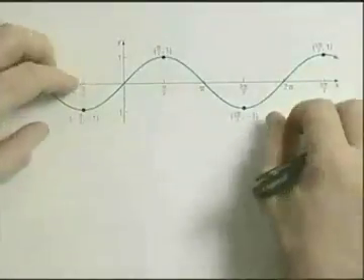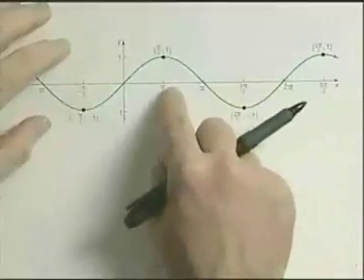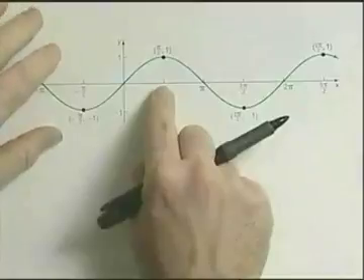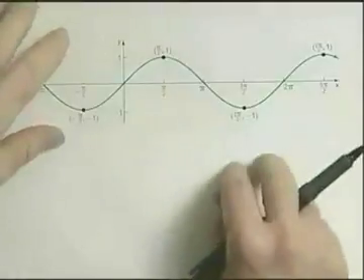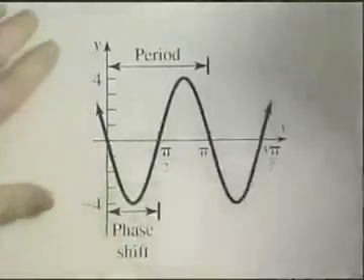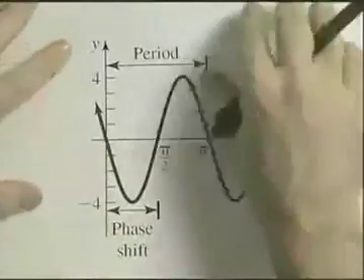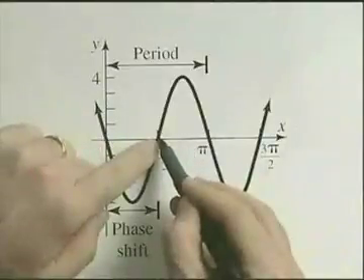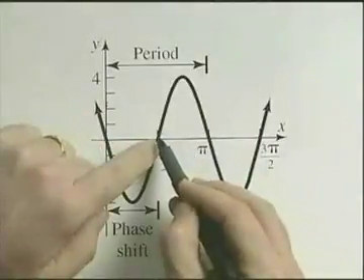Because of the phase shift, one cycle, instead of beginning at x equals 0, is going to begin at x equals pi over 2. So let's see how this is going to pan out for us. We use the phase shift, and we're going to say that one cycle begins at pi over 2, the value of phi over omega.